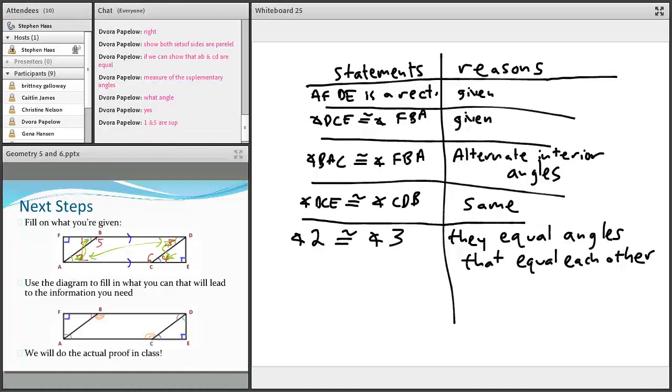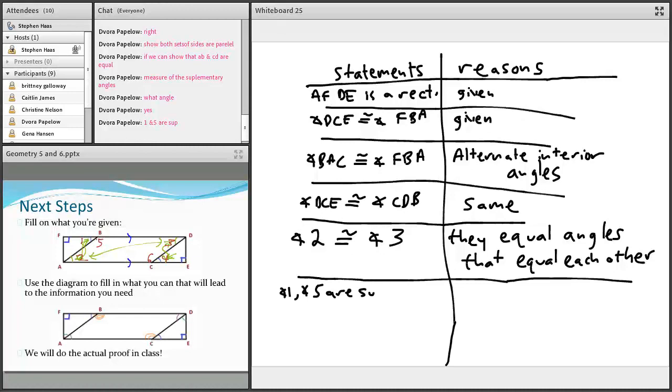Right, 1 and 5 are supplementary. Why? Because they are on the same line. They're a linear pair. So I'll say over here that angle 1 and angle 5 are supplementary.